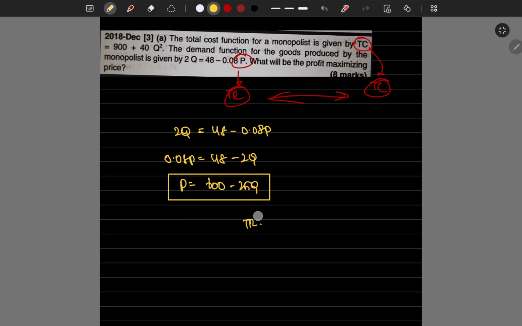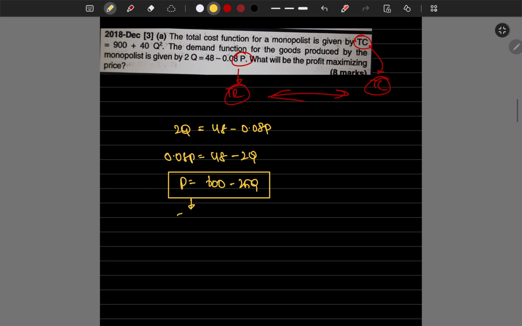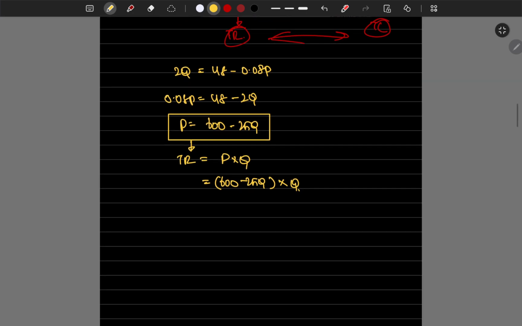So first we'll prepare the total revenue with this. Total revenue is price into quantity. Price is 600 minus 25q, into q. Okay, now 600q minus 25q square. So we have made the equation.